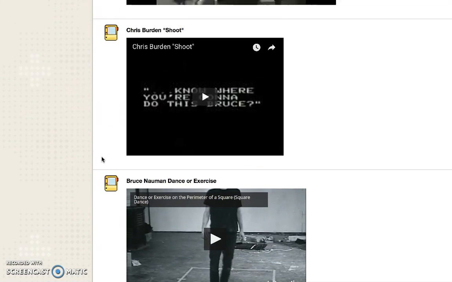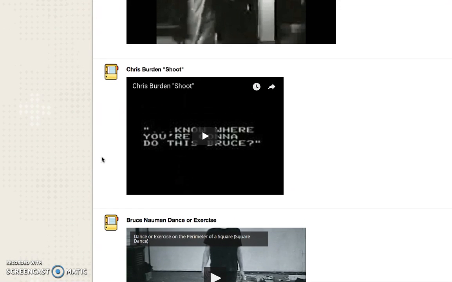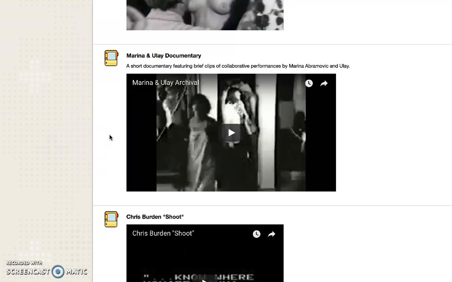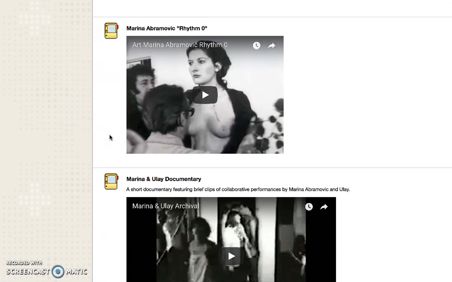Chris Burden's Shoot, which you'll see what happens in that one. I'm not going to say too much about that. And then here is Marina Abramovic, who is a very well-known performance artist who's been around for decades. There's a piece, Rhythm O, which is very striking and very disturbing. I think you'll see why.